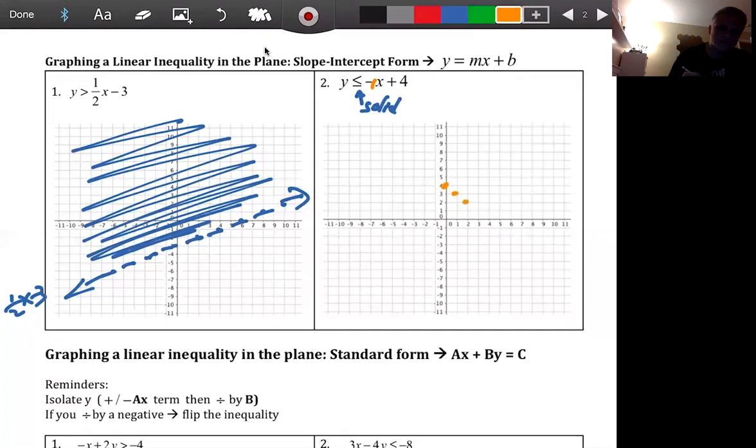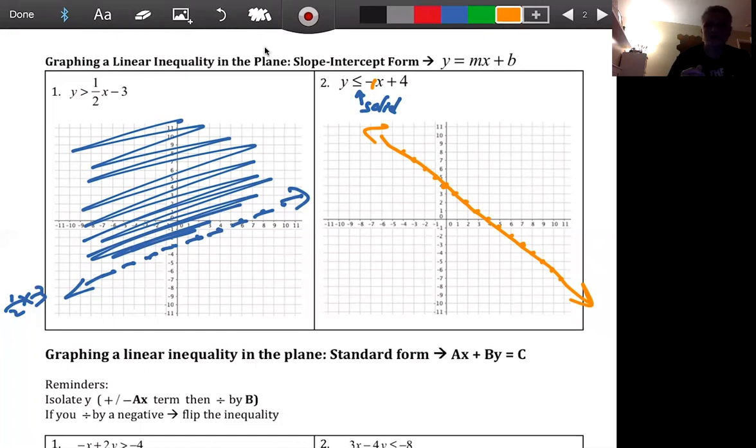Rise -1, run 1, keep it going. Notice that my line is falling to the right, because it's falling to the right, I know that it's a negative slope, which it's supposed to be. So I'm going to connect my dots.